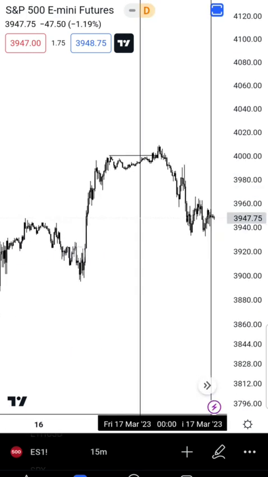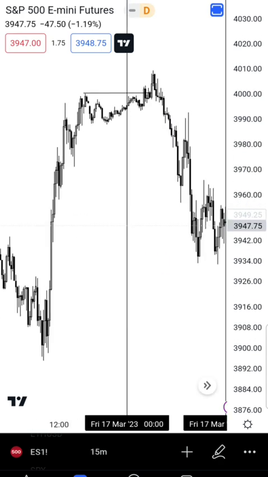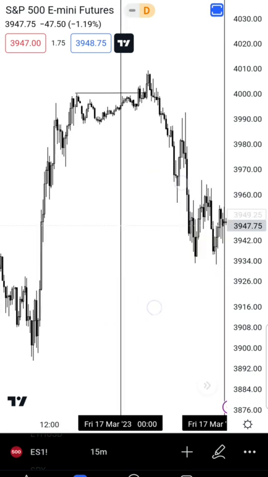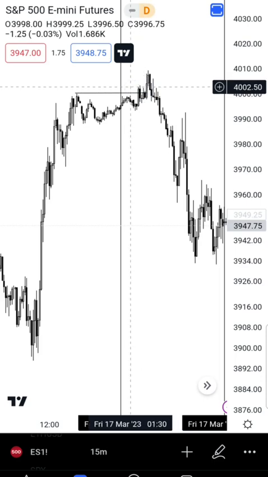But it's not reasonable to expect an extension of the range. It's more reasonable to expect a reversal, at least to mark the weekly high. Because as we know, Monday, Tuesday, Wednesday will mark the low of the week, and Thursday, Friday will usually mark the opposing end of the range of the week.